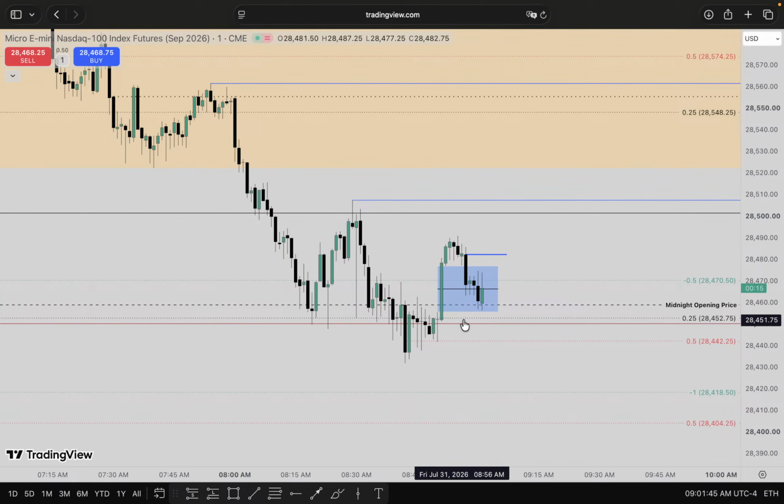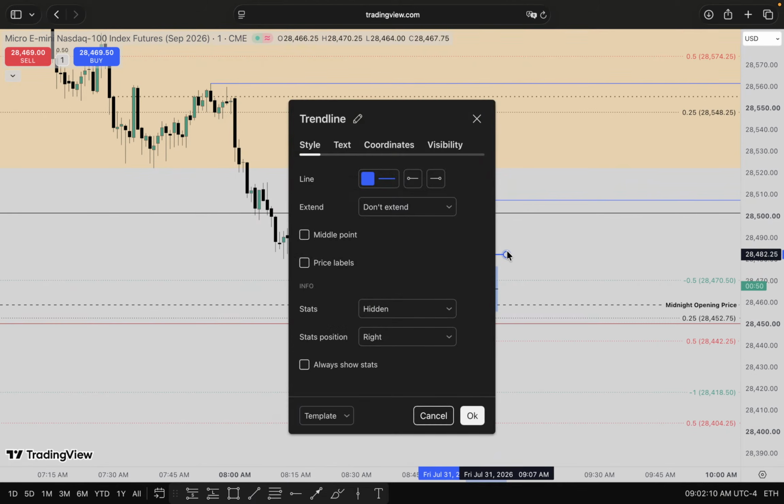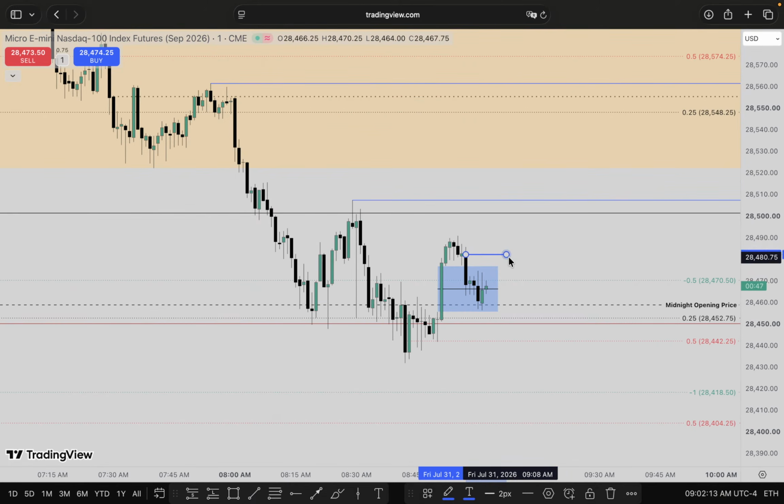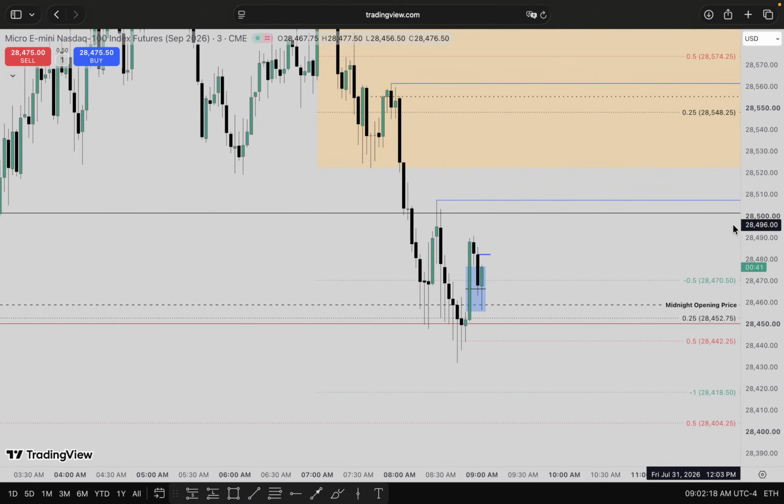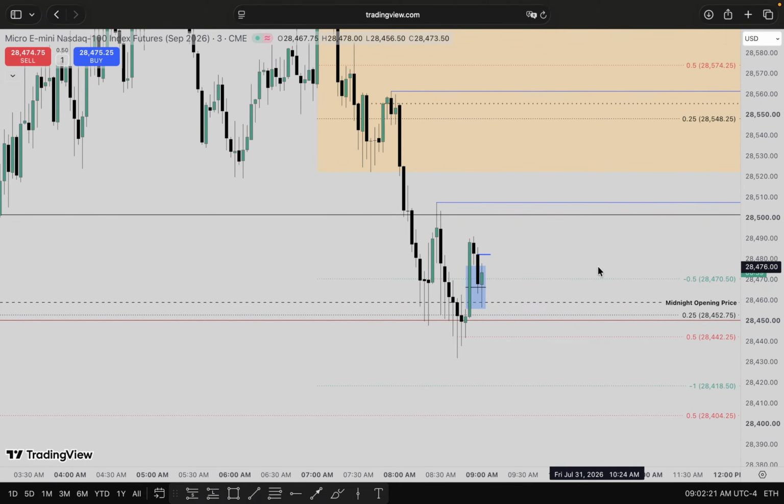Still reacting at that midnight opening price. Yeah, I like this. That candle right there is perfect.